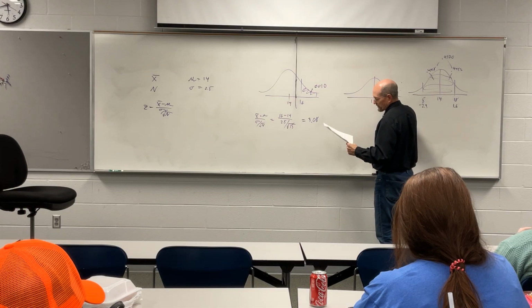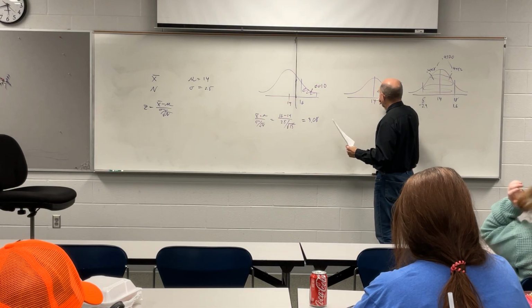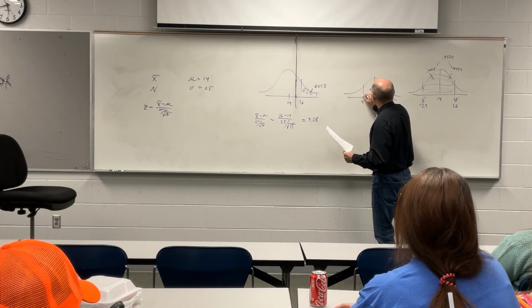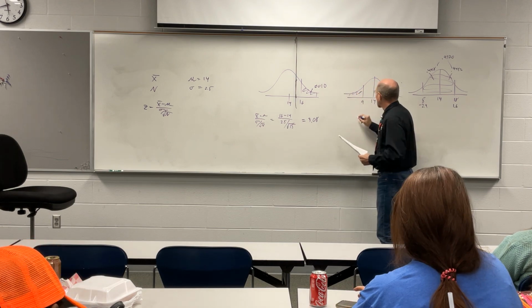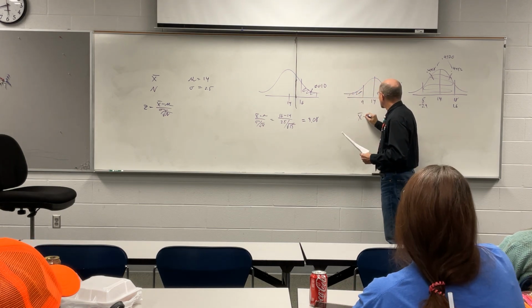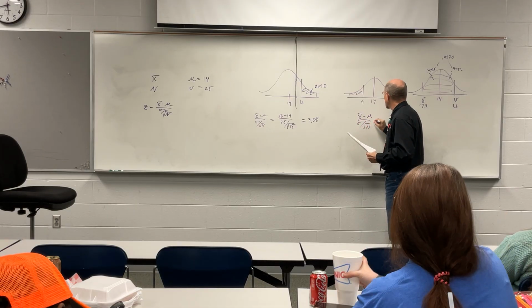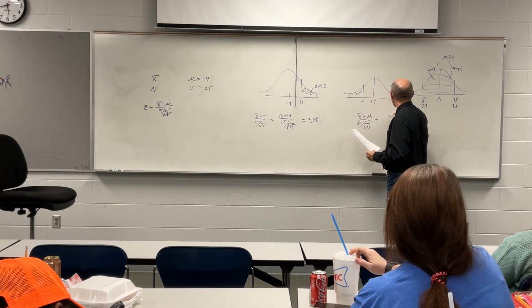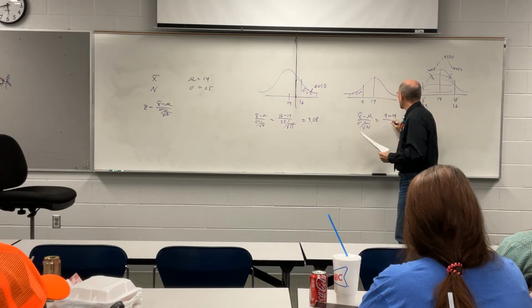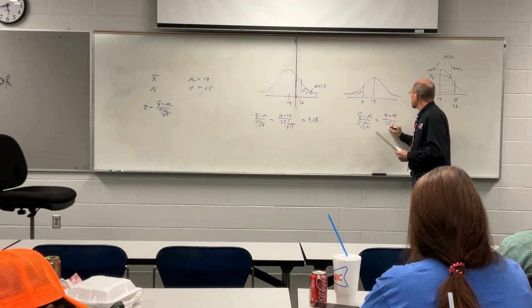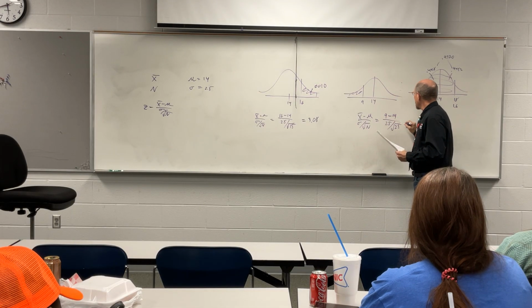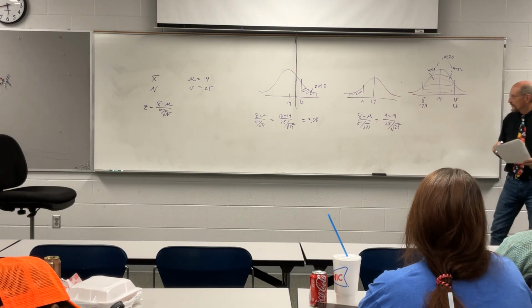So, a group of cells, in this case 25 cells, 9 or less. So there's my 9, I want less than 9, right? Same sampling distribution of the mean, so 9 minus the 14, standard deviation still at 2.5, square root of 25, right?